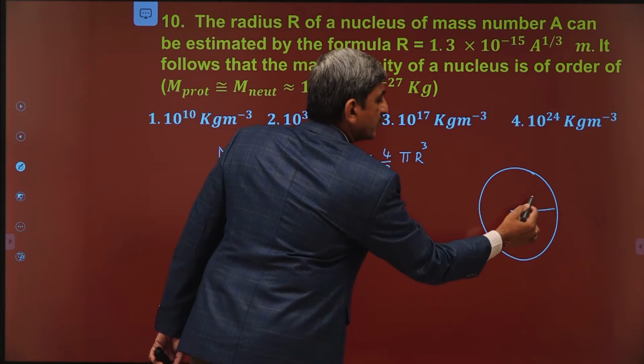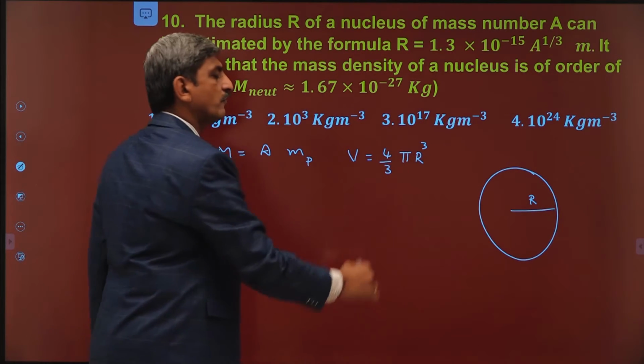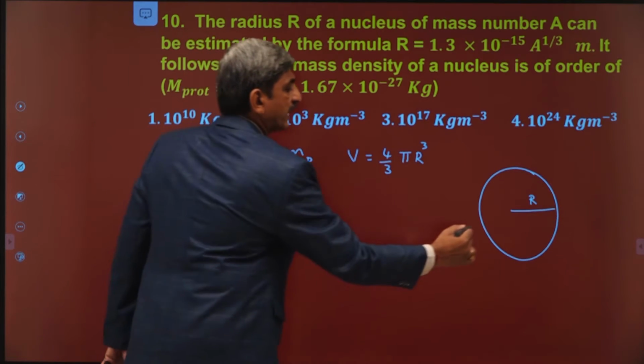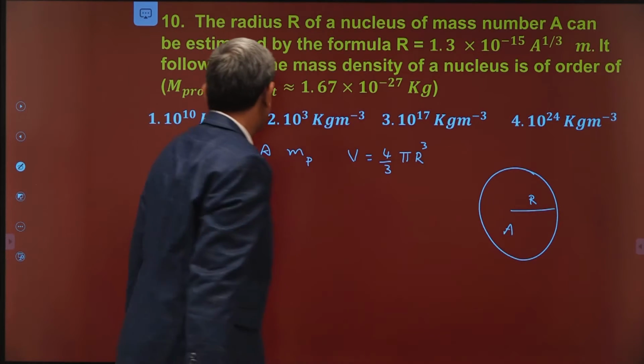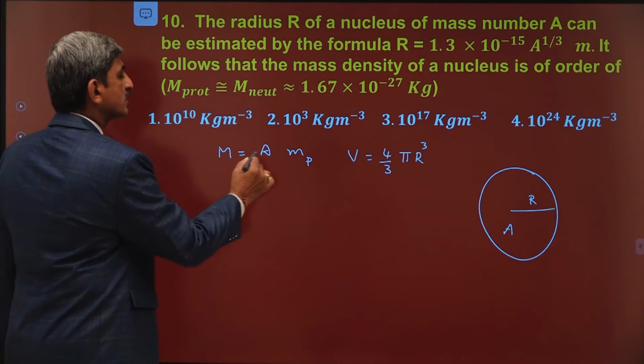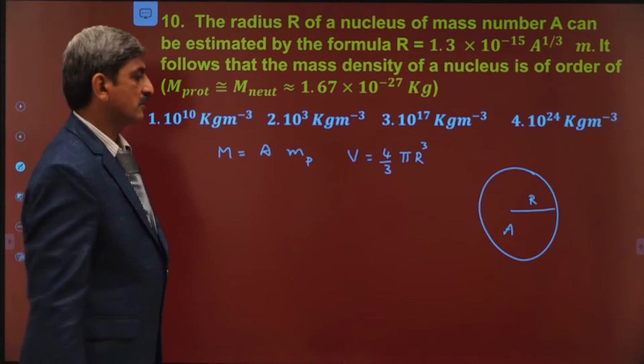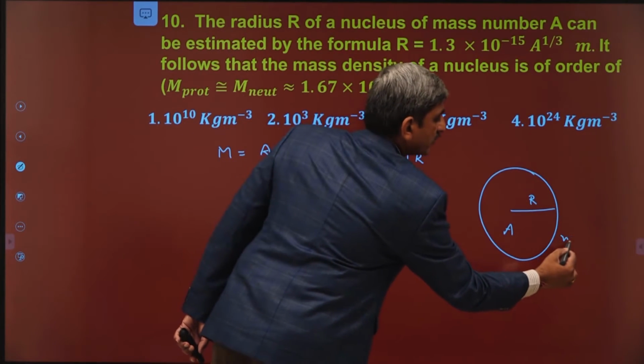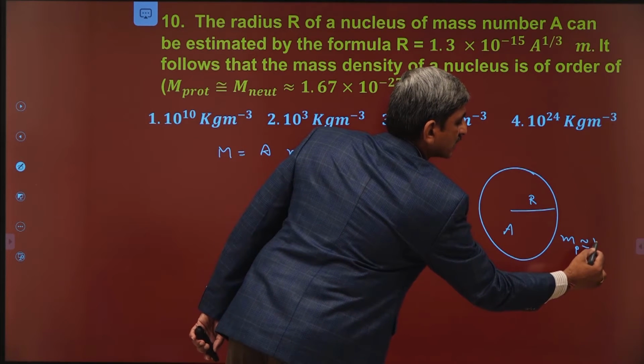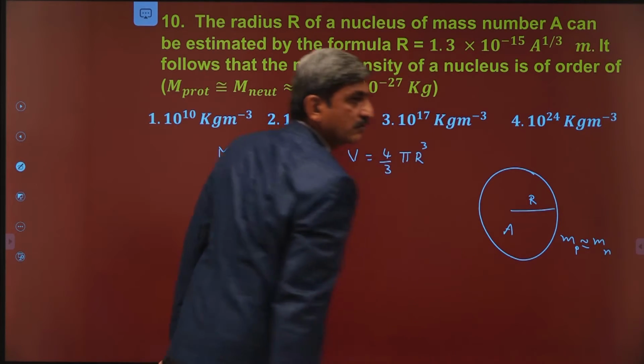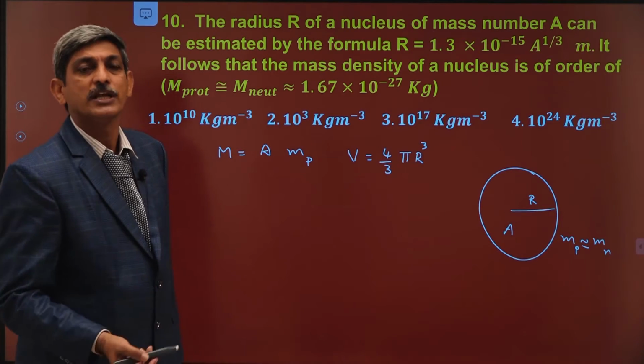If it contains A number of nucleons, then the total mass of the nucleus is equal to A times the mass of the proton. Why? Because the mass of the proton and the mass of the neutron are almost equal, which is taken as the mass of each nucleon.